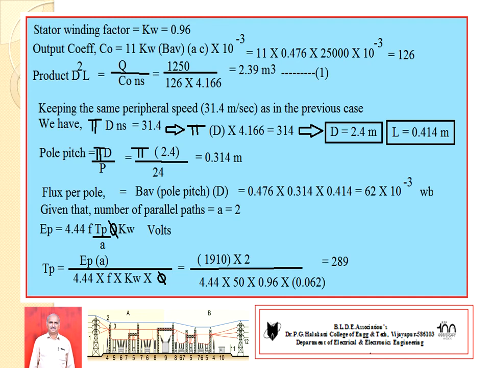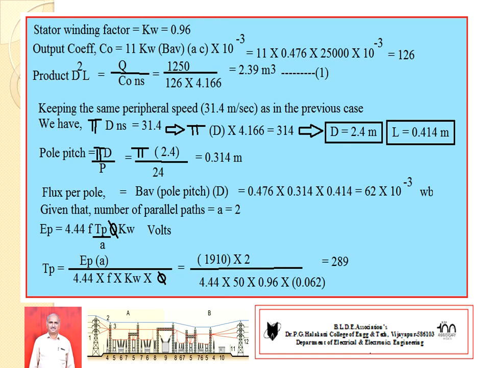Keeping the same peripheral speed as the previous case, pi d into Ns equals 31.4. Ns changes for the second machine. You substitute Ns of the second one, and we get the diameter as 2.4 meter. Then go to equation 1, and get L equals 0.41 meters.